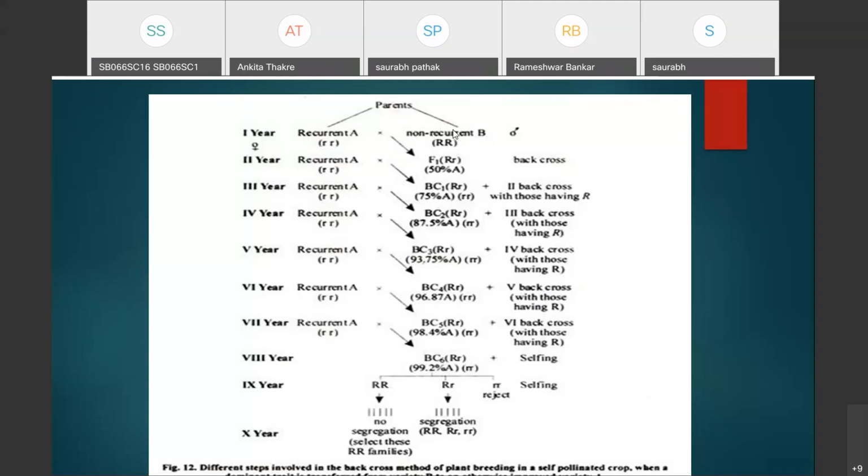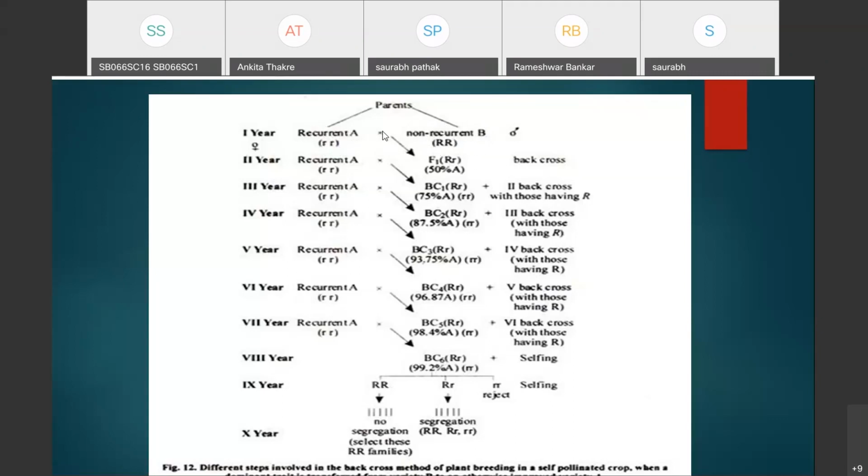Why is it undesirable? Because it lacks all the good characters, but it has a single most important character: this B parent has the disease resistance capacity. It has only one good character, which is disease resistance, which the A variety lacks.